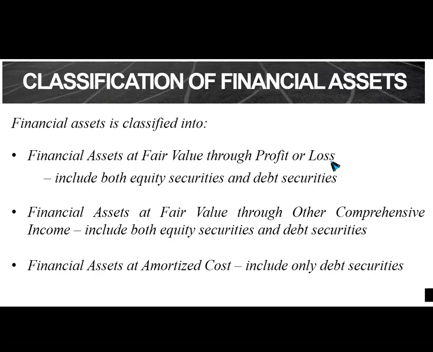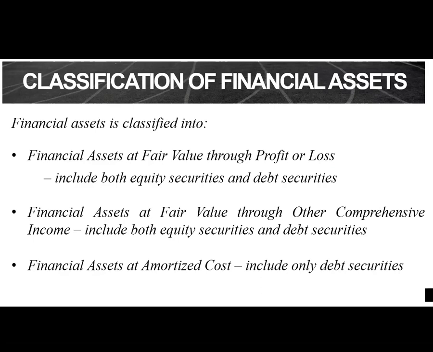sa profit or loss. I hope we can still recall the discussions in basic accounting. 'Di ba sabi natin yung statement of comprehensive income, dalawa ang components nun or dalawa yung composition nun. Una, the first group is what you call yung income statement or ang tawag natin dyan are profit or loss statement.